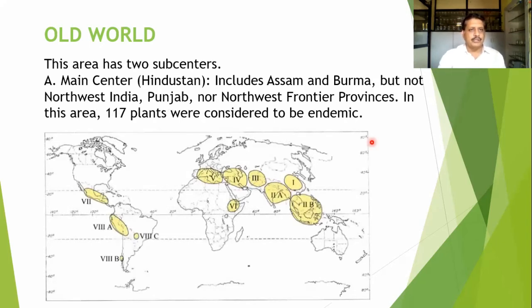Then in the old world, we find the second center, that is the main center, which is known as the Hindustan center. It includes Assam and Burma, but not northwest India, particularly not Punjab or the northwest frontier provinces. Here also 117 plants are considered to be endemic to the Assam and Burma location.